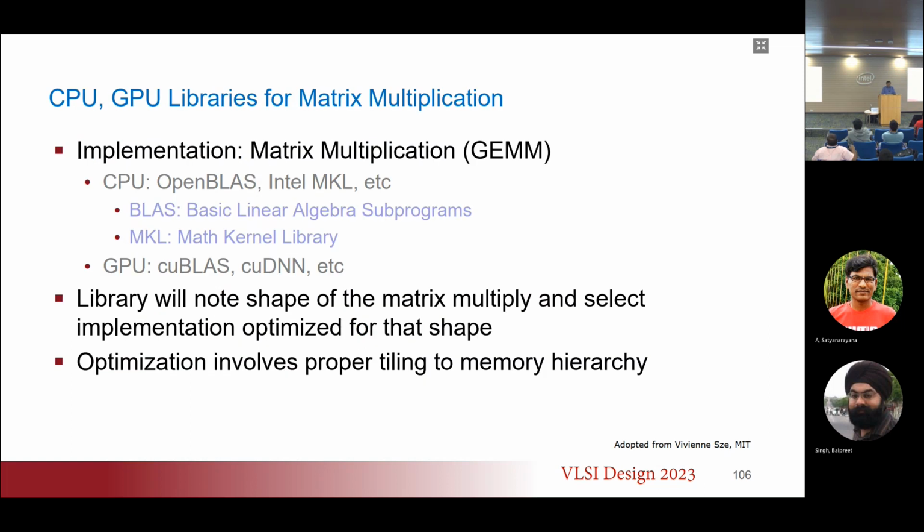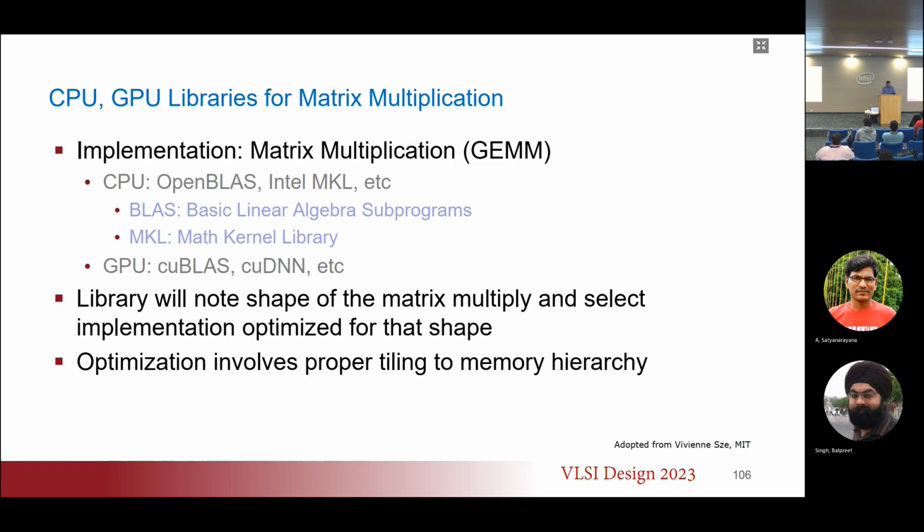Most programmers are not heroic, and that's why we have these libraries called BLAS, or Basic Linear Algebra Subroutines. Intel, for example, provides its own subroutine library called Intel MKL, Math Kernel Library. Intel MKL will only work with Intel processors, but will not work with AMD processors, for example.